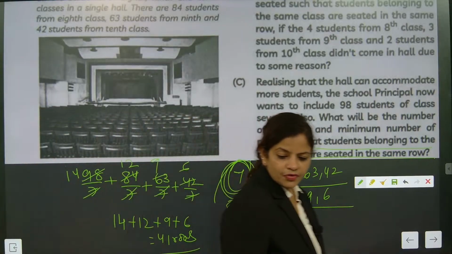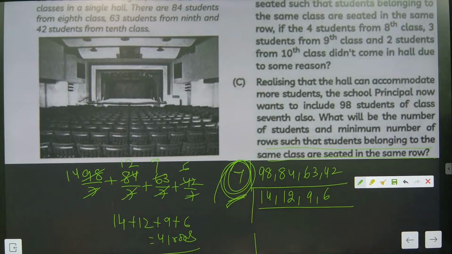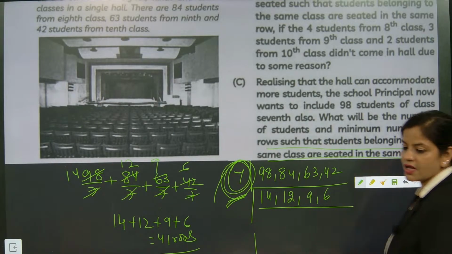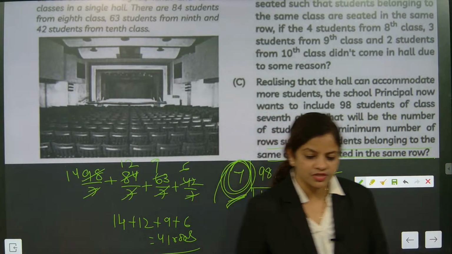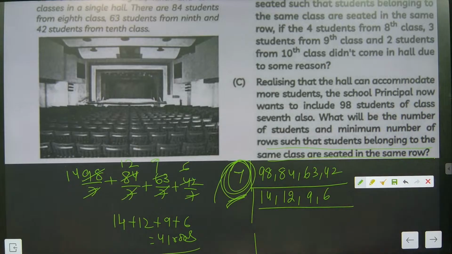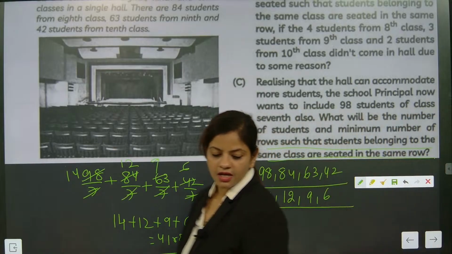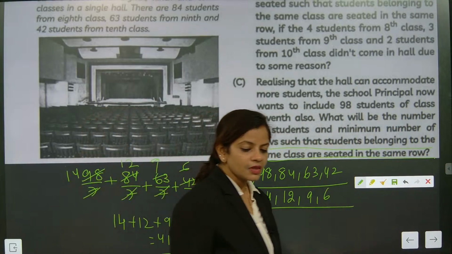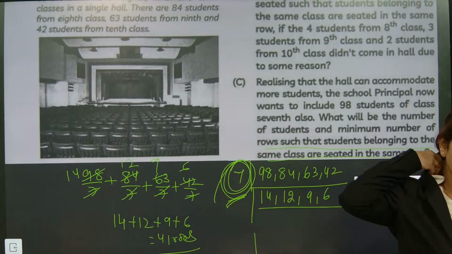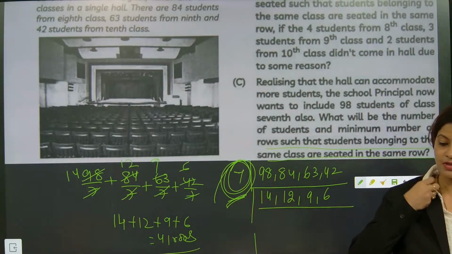Because each row will have 7 students, the total number of rows coming here is 41 rows. You need to remember this part. I hope you have understood. Got it? Yes, super.